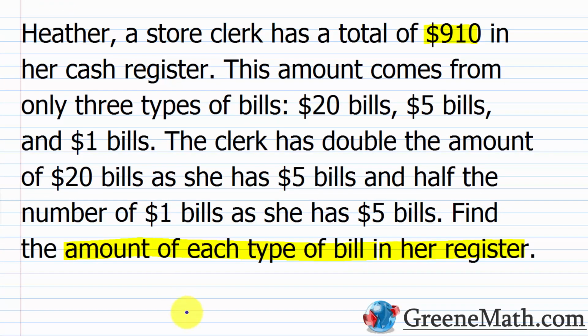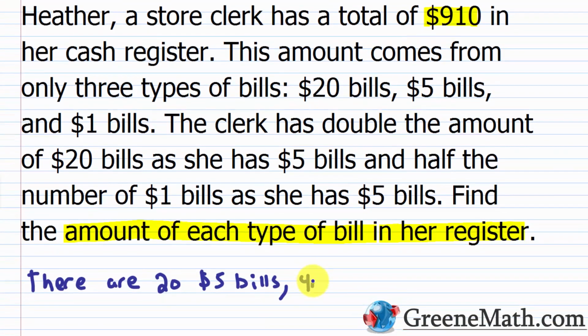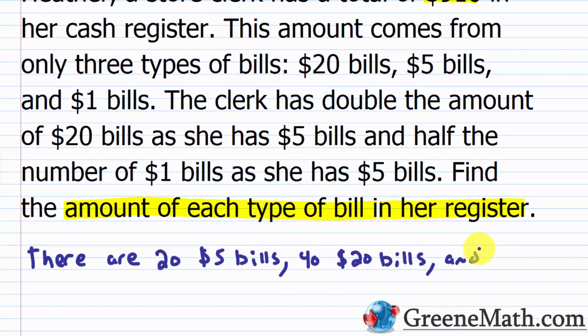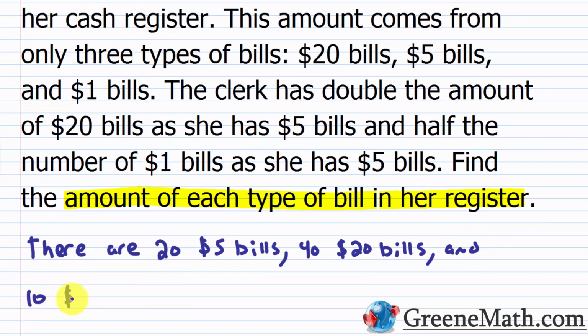So what we're going to say is that there are 20 $5 bills. And then you have 40 $20 bills. And you're going to have 10 $1 bills in her register.